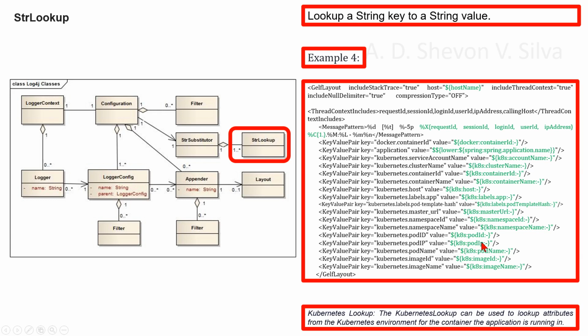And this is the pod's ID number, and this is the pod IP number. Pod name, the name of the pod. Image ID, the ID assigned to the container image. Image name, the name assigned to the container image.